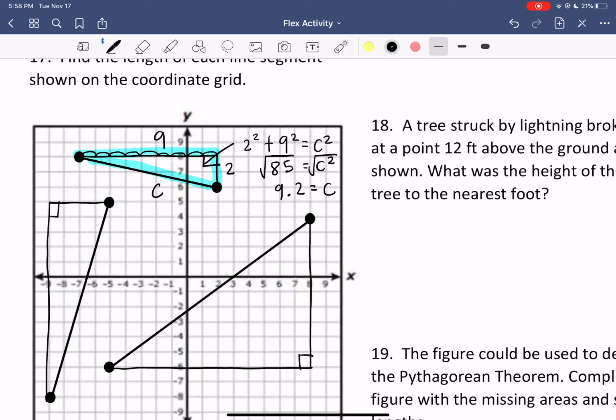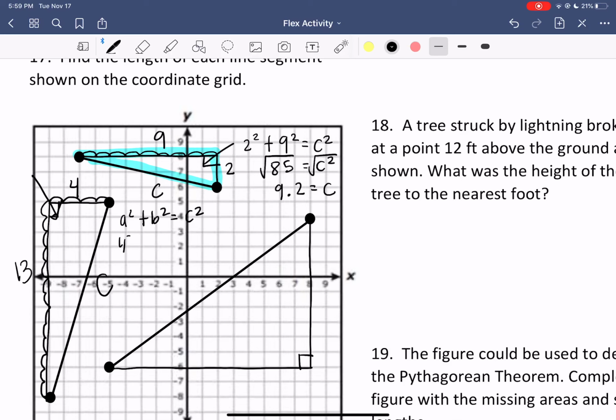On this other one, we have 1, 2, 3, 4 on this side, and 1, 2, 3, 4, 5, 6, 7, 8, 9, 10, 11, 12, 13 over here. So again, our right angle is pointing to c, so we're looking for the hypotenuse again. And so we will have a squared plus b squared equals c squared.